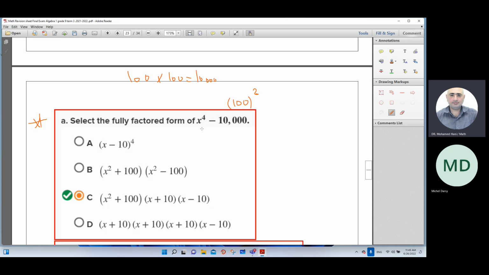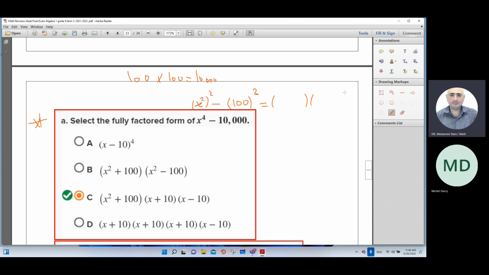And here, x to the power 4 means x squared to the power 2. And between them we have minus. So we can use the rule here.